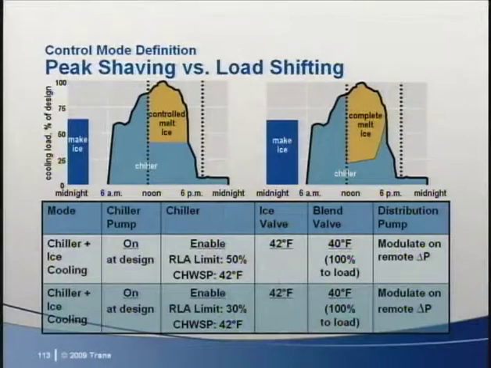The mode chart again reveals and reinforces the only difference in the operation of the system to meet these differing goals. It is the load limit signal given to the chiller. This is great news because it means that within the limits of the chiller and ice capacities, we can operate an ice system to meet either goal and easily change it in the future if utility rates change.